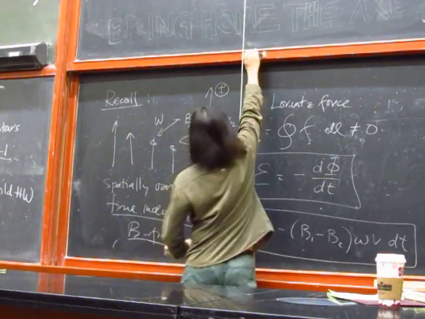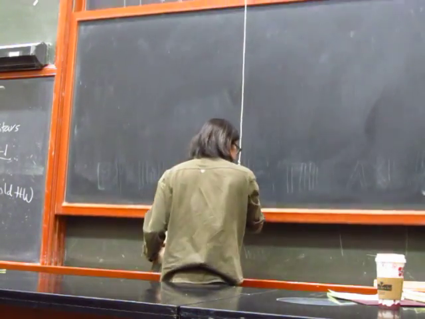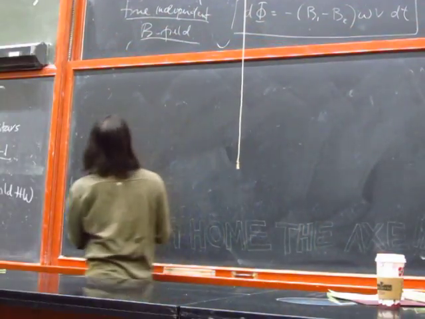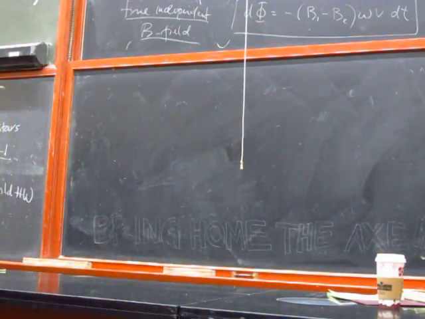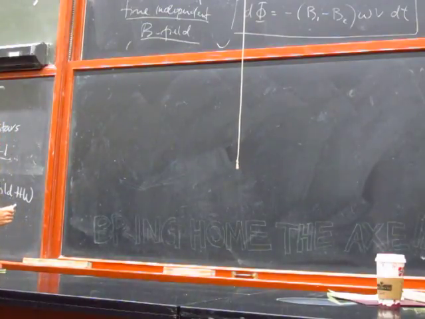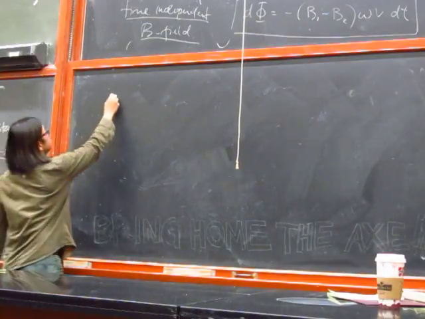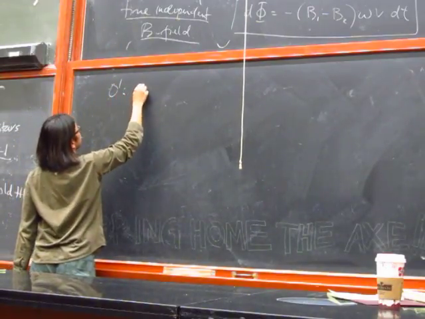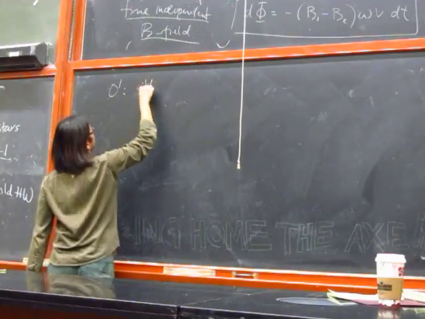Now, this is the unprimed frame, because it's the lab frame. But what if we jump onto the frame of the loop, the primed frame, sitting in the loop?